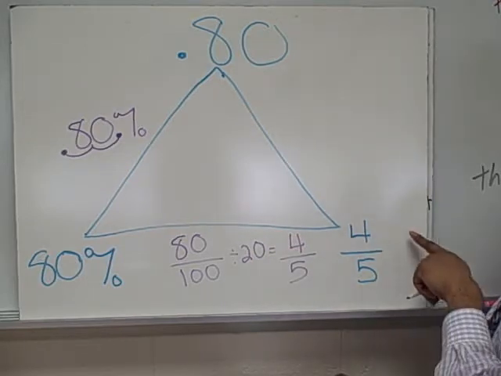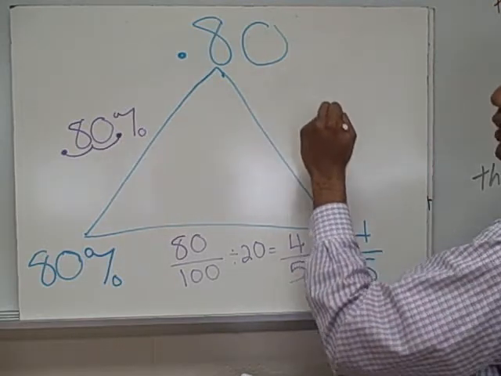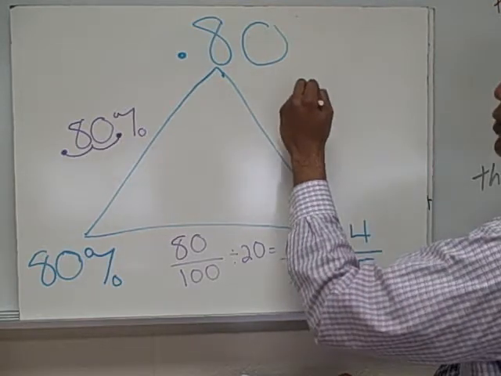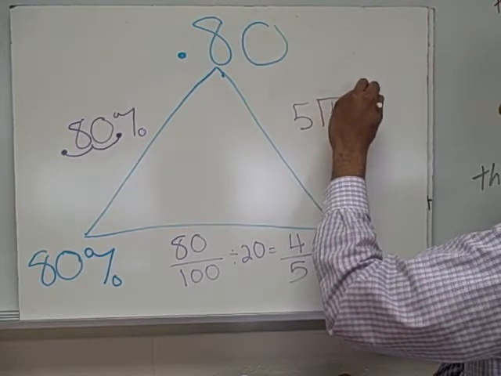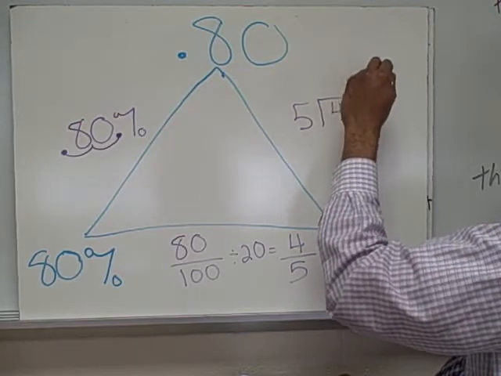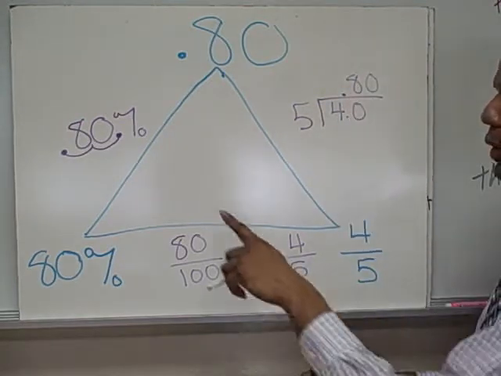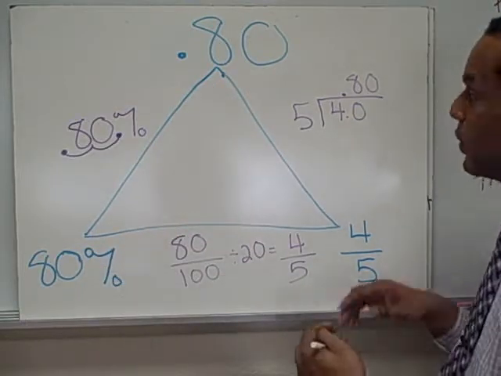And then lastly, if I wanted to take it from 4/5 to 0.80, well, I can divide my denominator into my numerator. 5 into 4.0, and that will give me 0.8. So, as you can see, all of these are connected.